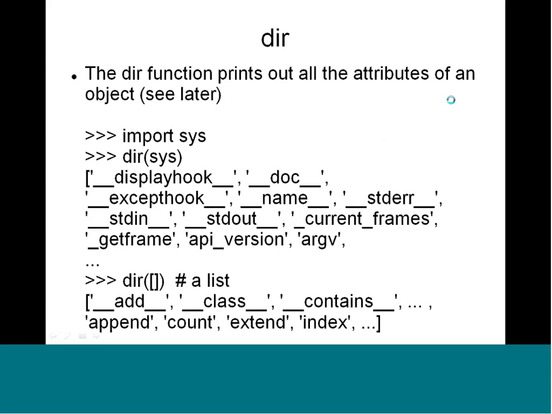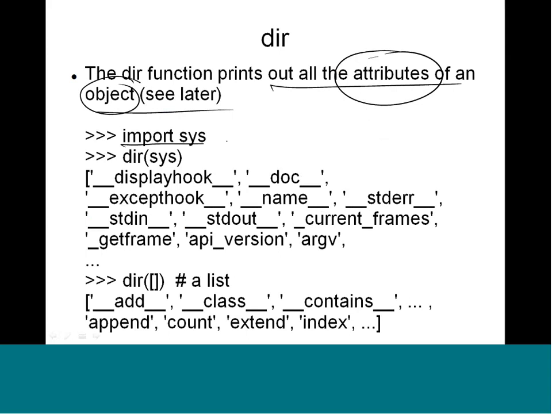The dir function essentially prints out all the attributes of an object. We will study objects and attributes later when we talk about the class and the class libraries. But just think about it: if you have some object, we can just use dir to report all its attributes. So for example, here we are importing sys.